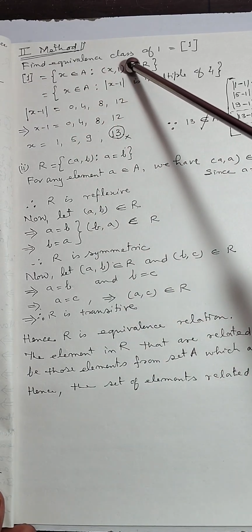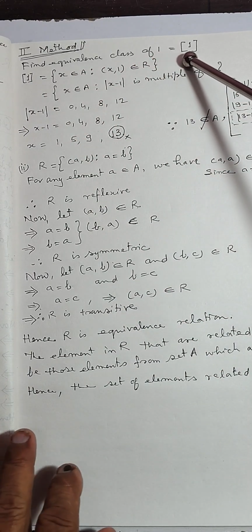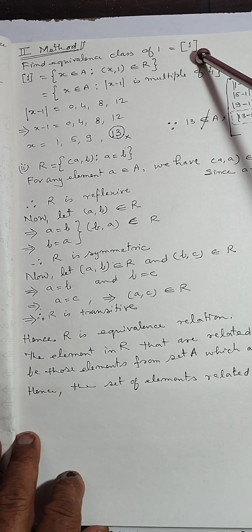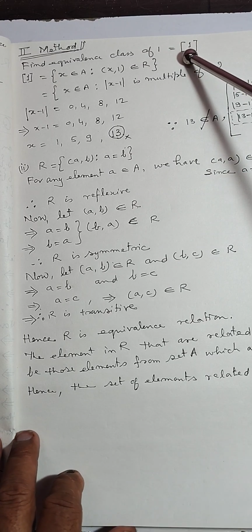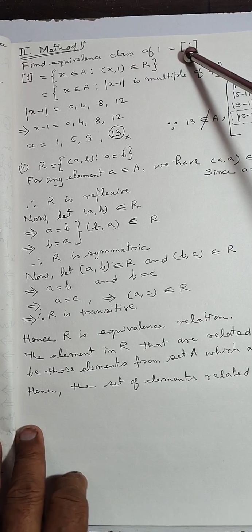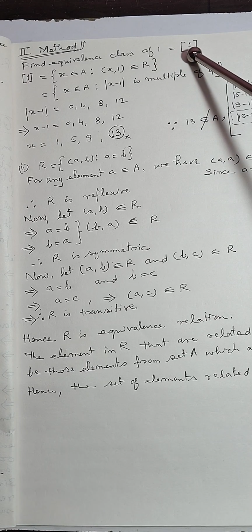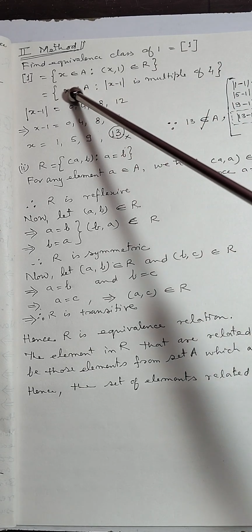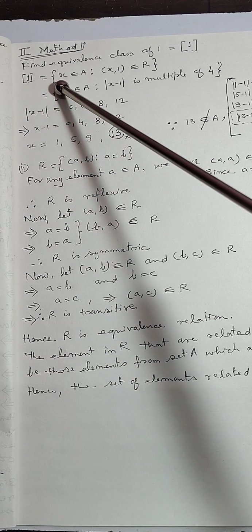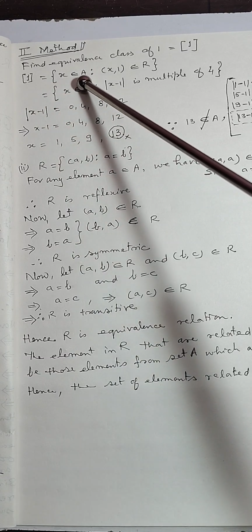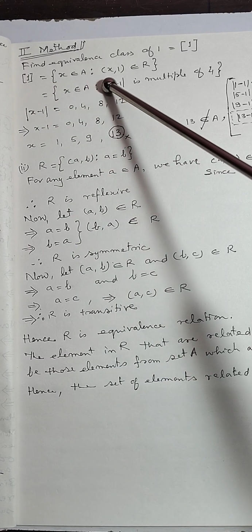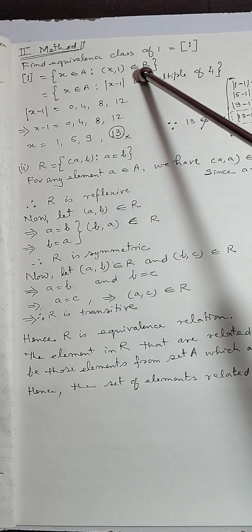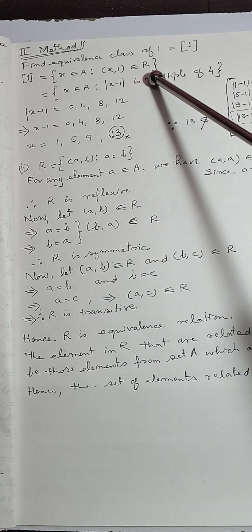Find the equivalence class of 1. अब देखिए इक्विवेलेंस क्लास को रिप्रेजेंट करने का तरीका टेक्स्ट बुक में भी दिया हुआ है। इस तरह से हम लार्ज ब्रैकेट में बना करके रखते हैं। So the equivalence class of 1 can be equal to {x belongs to A such that (x, 1) belongs to relation}.